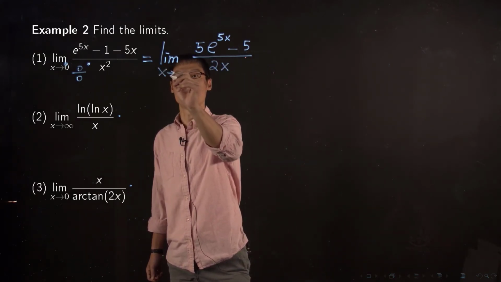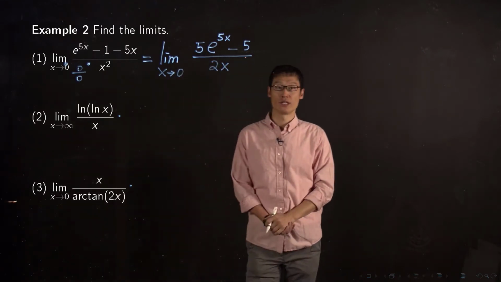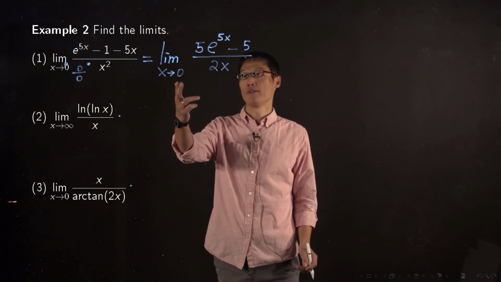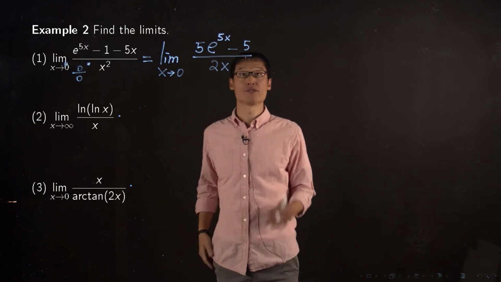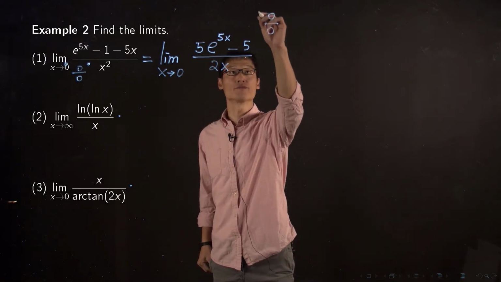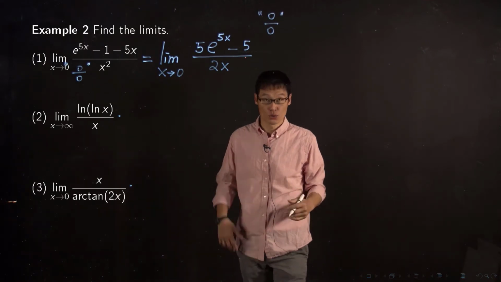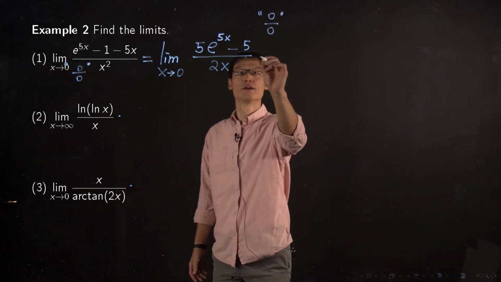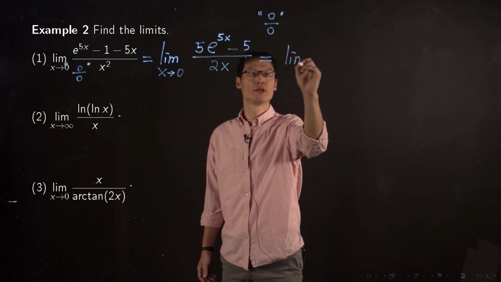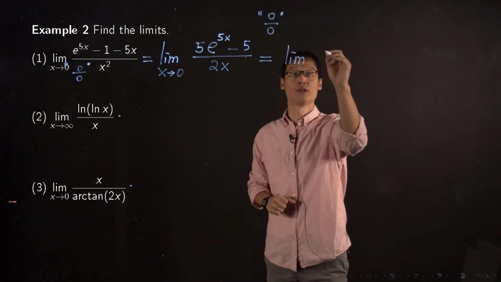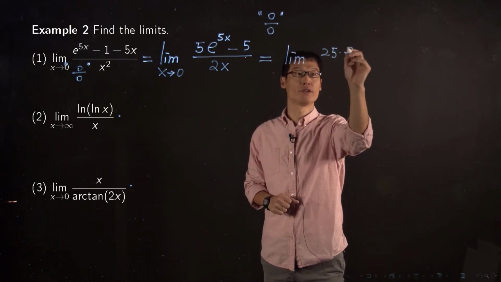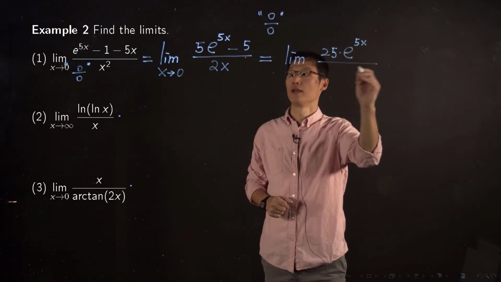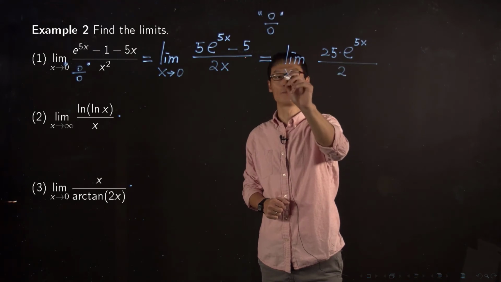Now x tends to 0. Again, when you plug in 0, we have 5 minus 5 over 0. Again, we have 0 over 0 form. So we are ready to apply L'Hopital's rule again. When you take the derivative further, we have 25 e to the 5x, and this number 5 will be gone, and so we have 2.